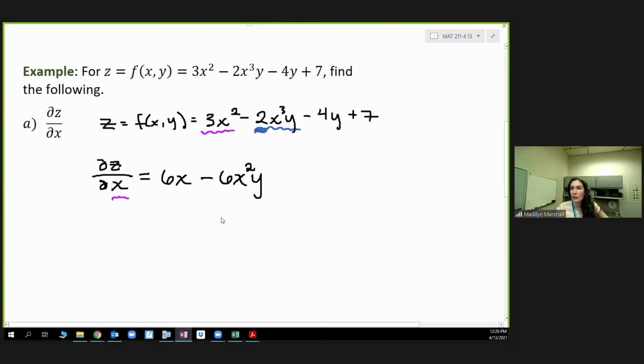When we do the derivative, that 2 is still there. It just happened to multiply with the 3 that came down. So the 2 was just hanging out, still multiplying with whatever we started with. The y is doing the exact same thing. It just doesn't have anything to multiply with. It was there in our original term, and it's still just there.